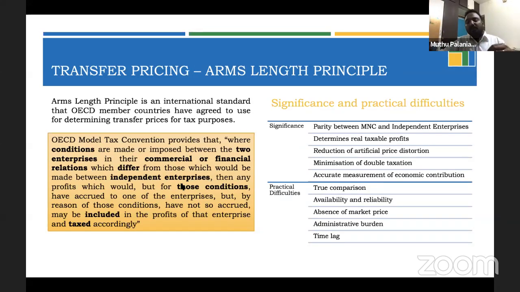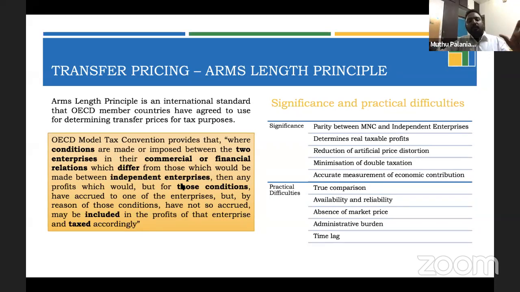And finally, one of the difficulties is the time lag. An assessment proceeding generally happens in the next year of an assessment year, or probably a little later. When it comes to transfer pricing, it generally happens a couple of years after your transaction has happened. For example, transactions that happened in financial year 16-17 would be assessed at this point in time.